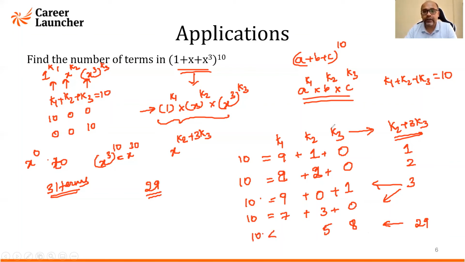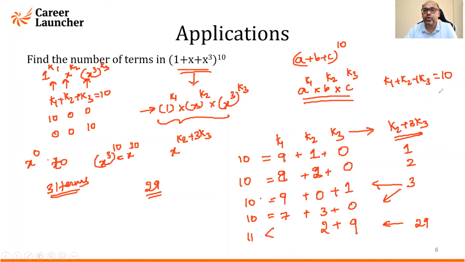The other way, let's put 9. If you put k3 as 9, 9 threes are 27, then k2 should become 2. Again, you're crossing 10.